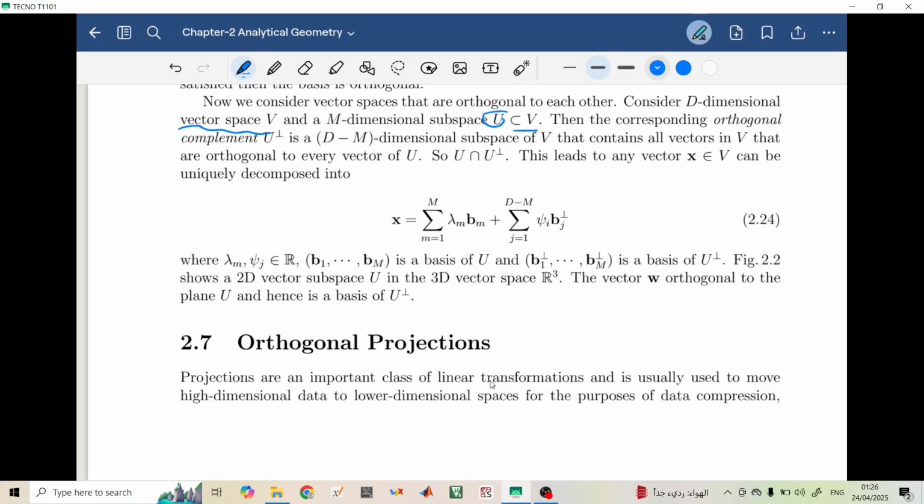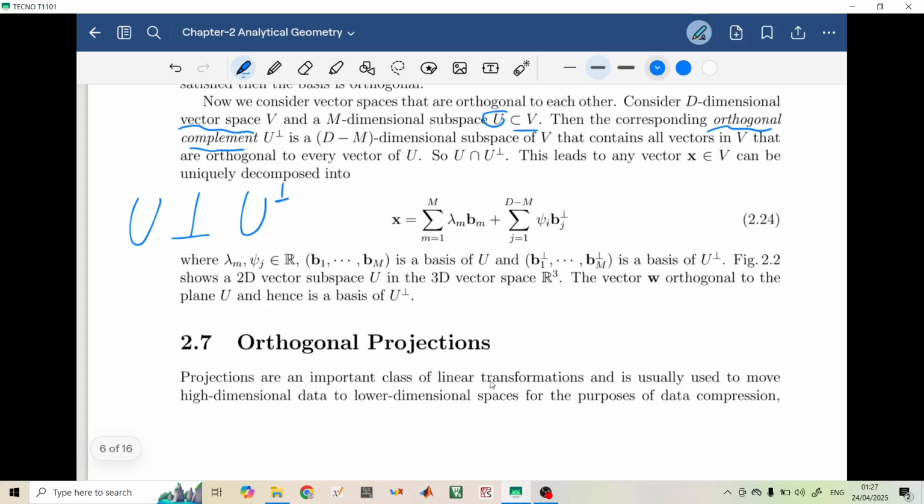Now we define what we call an orthogonal complement, U perpendicular, which is the subspace that is orthogonal to the subspace U. So we can say, roughly speaking, that U is orthogonal to U perpendicular.